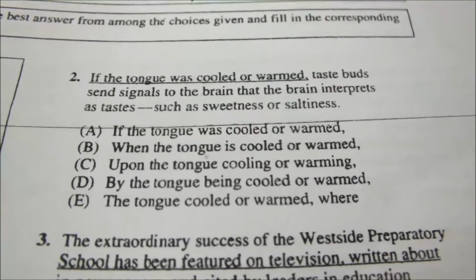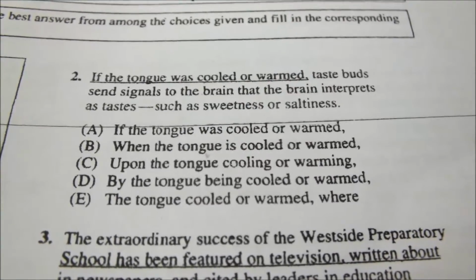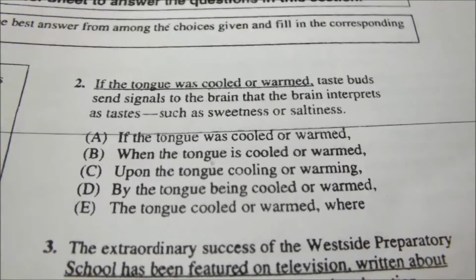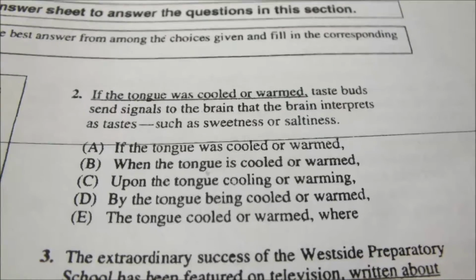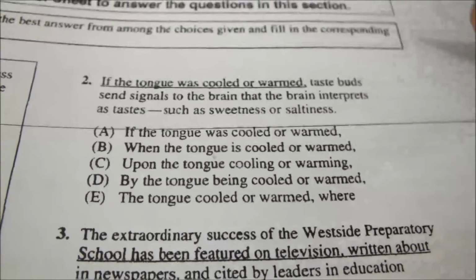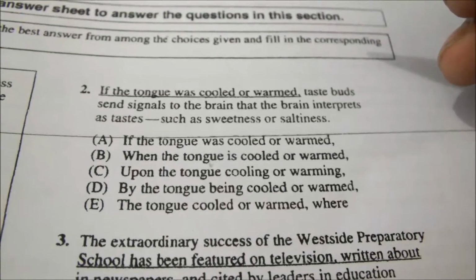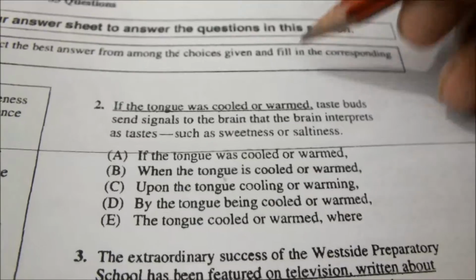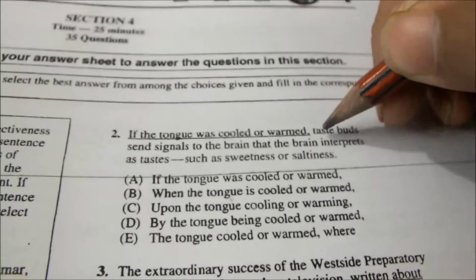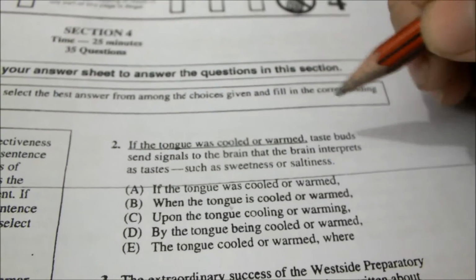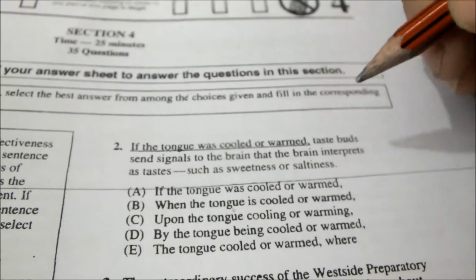Let's come to the second question. I hope for learning's sake that it's a bit more complex. If the tongue was cooled or warmed, taste buds send signals to the brain that the brain interprets as tastes, such as sweetness or saltiness. What I'm going to do here is first underline the tense the whole sentence is told in.